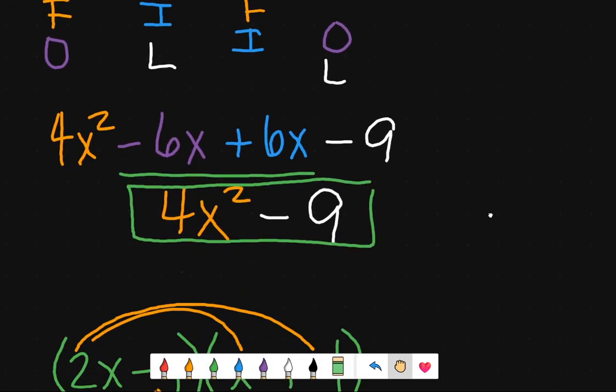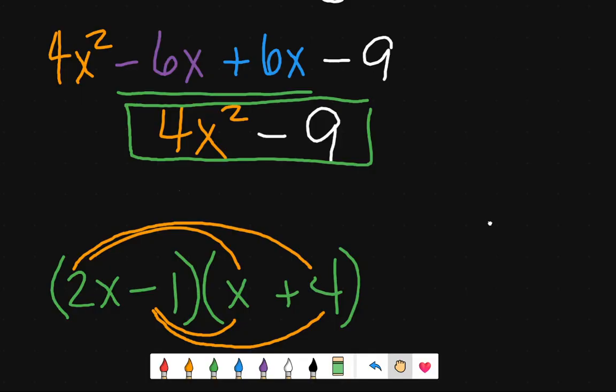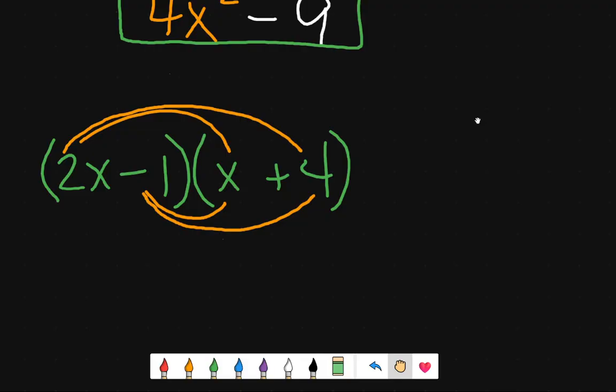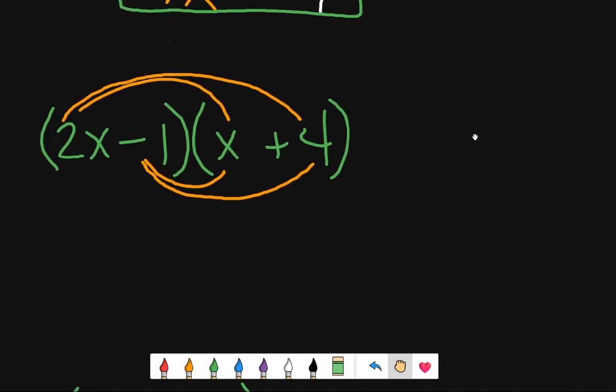Okay, let's go to the next one here. We have 2x minus 1 multiplied times x plus 4. So quickly, as you can see, the lines are pointing to the individual spaces of the binomials or the actual terms.